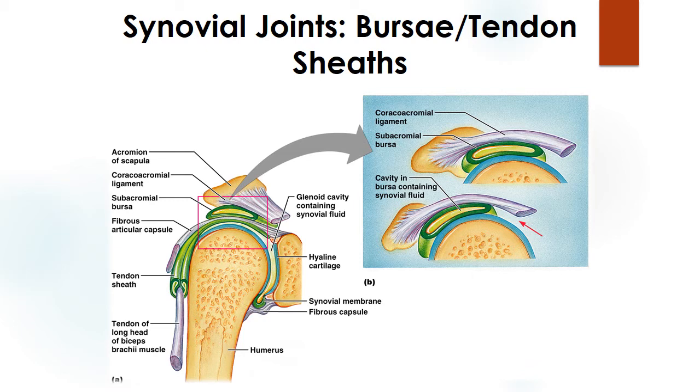And the purpose of that, again, is to reduce friction for repetitive motions at the shoulder. So it's important to know the anatomy of these structures because these structures frequently become pathologic and involved in our rehabilitation process.